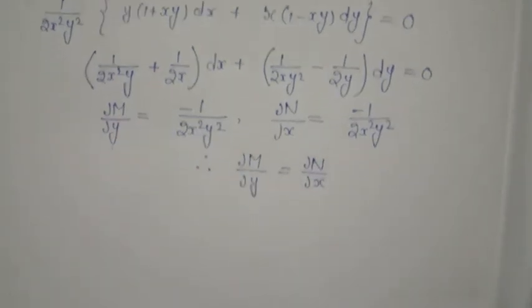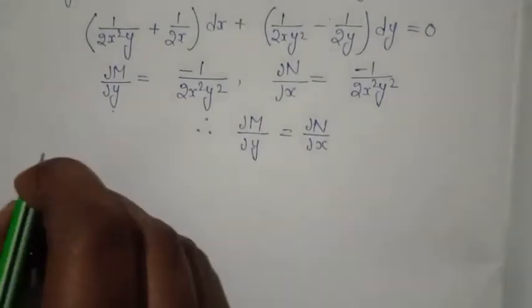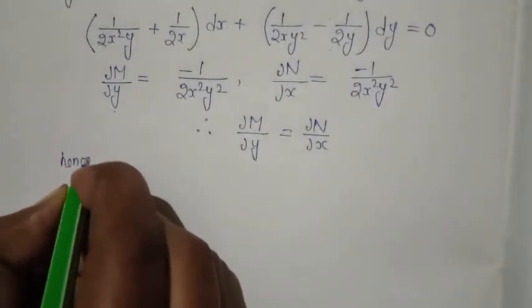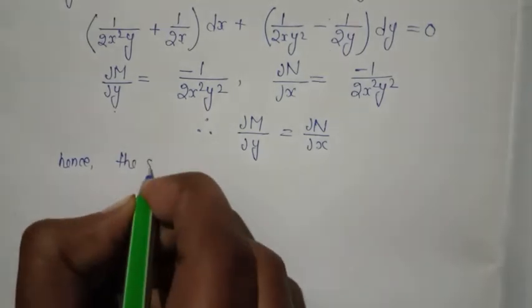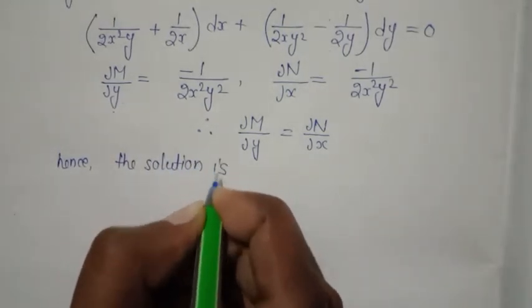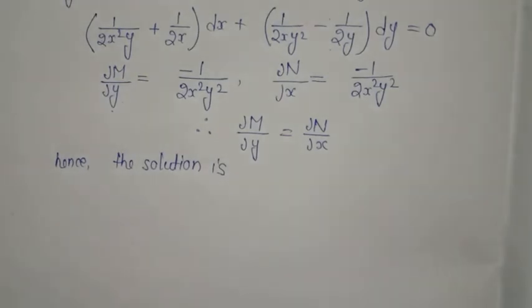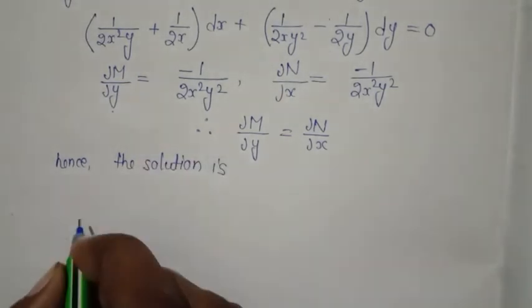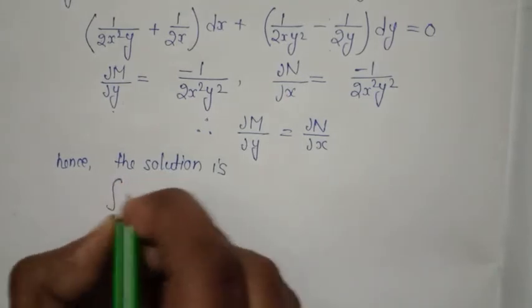Now I can find the solution for this equation. Hence the solution is, I am going to write it again and again so that you can learn it. What is the formula?